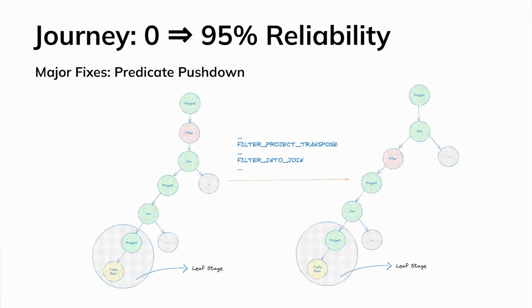Then if you have a plan like this on the left, which is very common for anti-join queries, or anti-semi-join queries, aka the NOT IN clause, this won't work, because your filter project transpose won't be able to push down the red filter node. Your filter into join will work, but you want the filter node to go down to the leaf stage. So that was the issue.